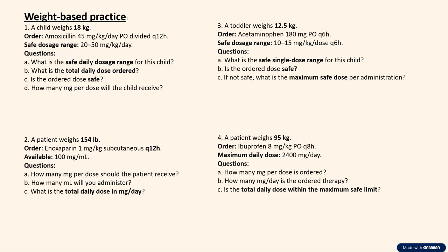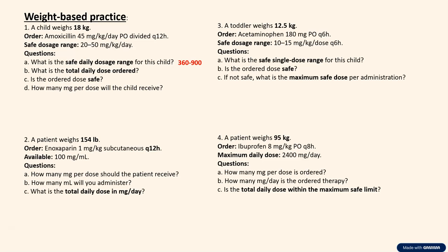Second step, do you need to do any conversions? No, the weight is provided in kilograms and the safe dosage range is in milligrams per kilogram. Same thing with the order, it's in milligrams per kilogram per day. First question, the safe daily dosage range for this child is going to be 360 to 900 milligrams.